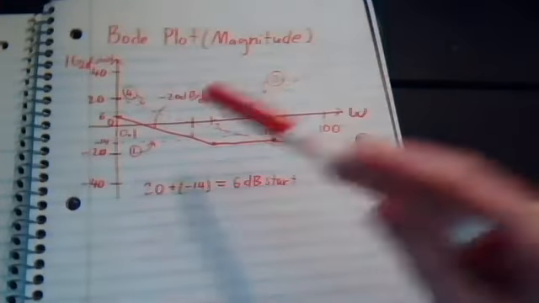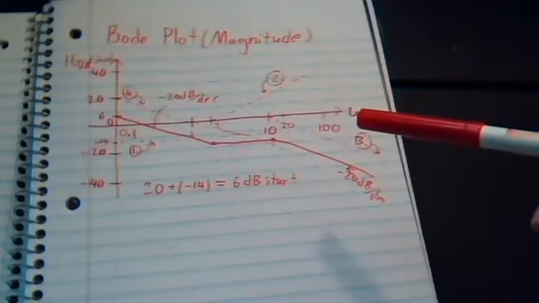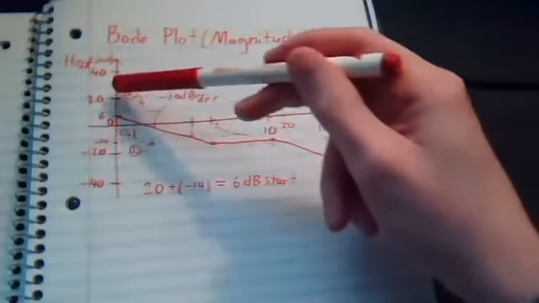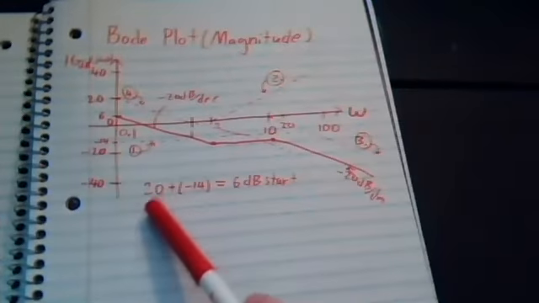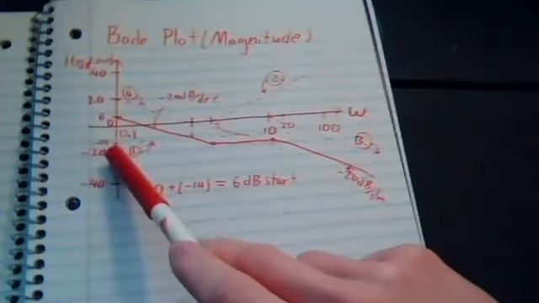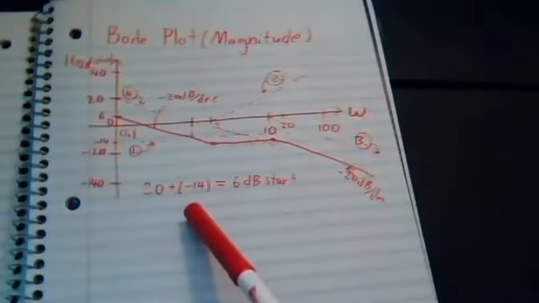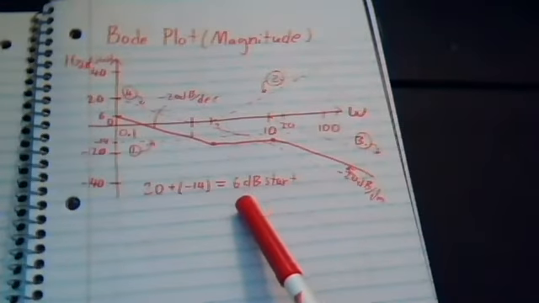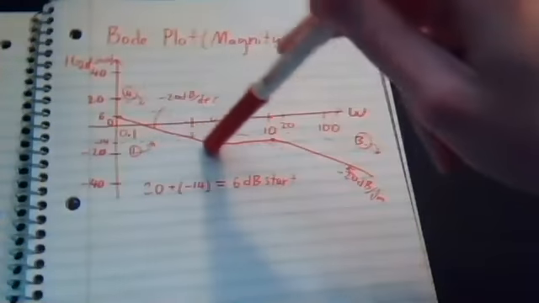And then in the end, once we have all 4 of them out, then we're just going to add them all together. We need to figure out where it's going to start based on what terms are hitting the y-axis. So that's 20 on the y-axis from this term, and -14 is hitting the y-axis here. Just adding those 20 and -14 gives us a starting value of 6 decibels. And then we'll just start combining the slopes.